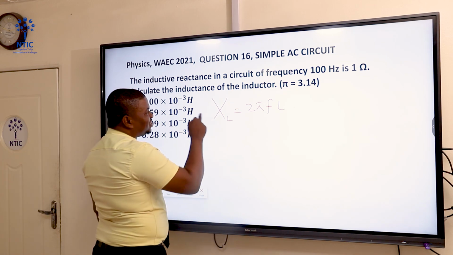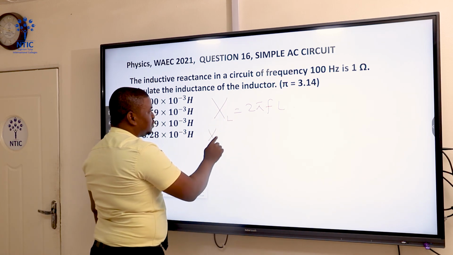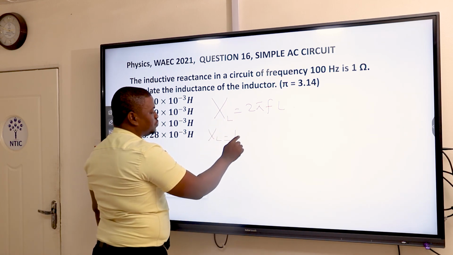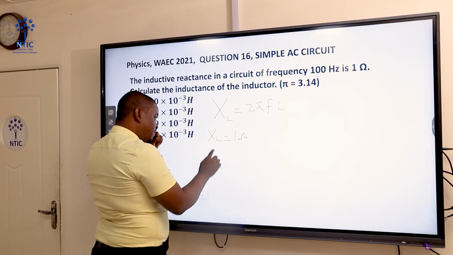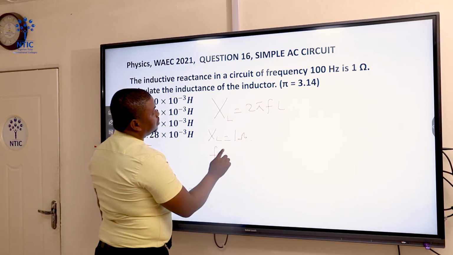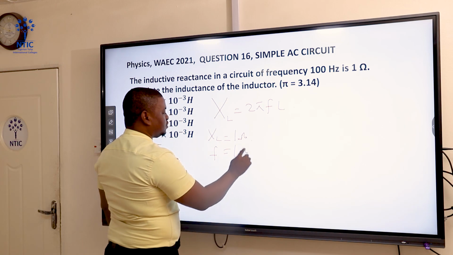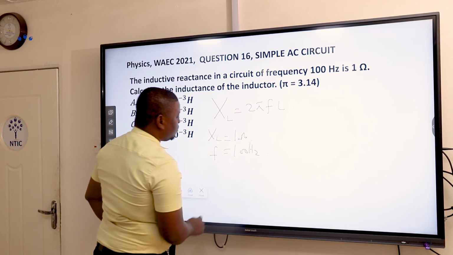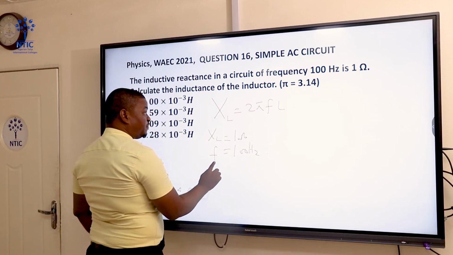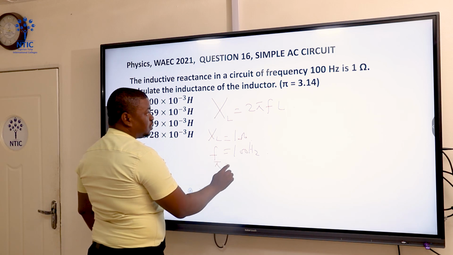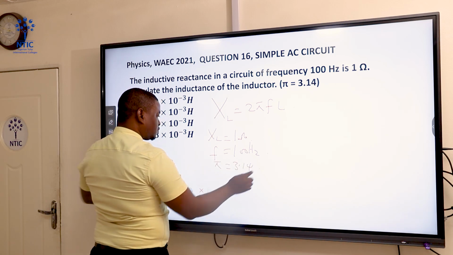Now, my XL from the question is given as 1 ohm. My frequency is given as 100 hertz, and pi is 3.14.